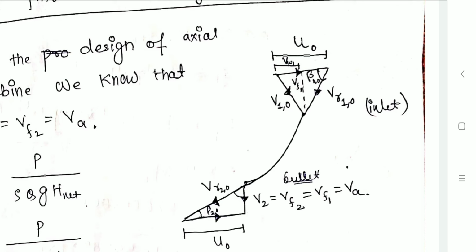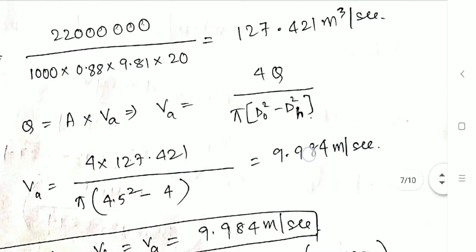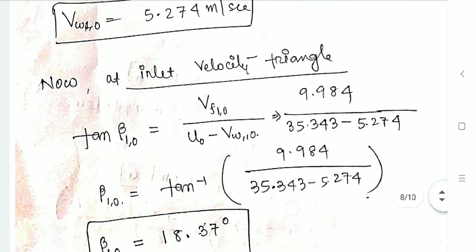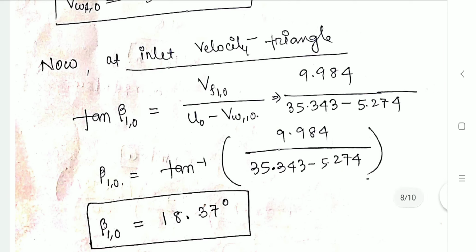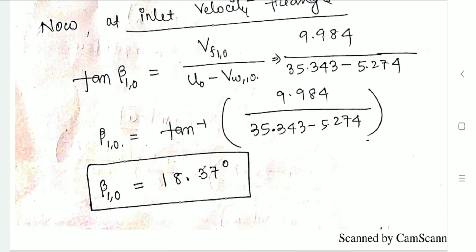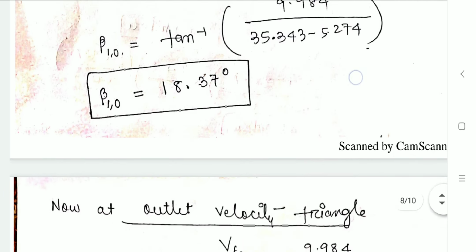Here the perpendicular is vf1 and the base is u naught minus vw1. So tan beta 1 naught equals vf1 naught divided by u naught minus vw1 naught, which is equal to 9.984 divided by 35.343 minus 5.274. From here we get beta 1 naught equal to 18.37 degree.